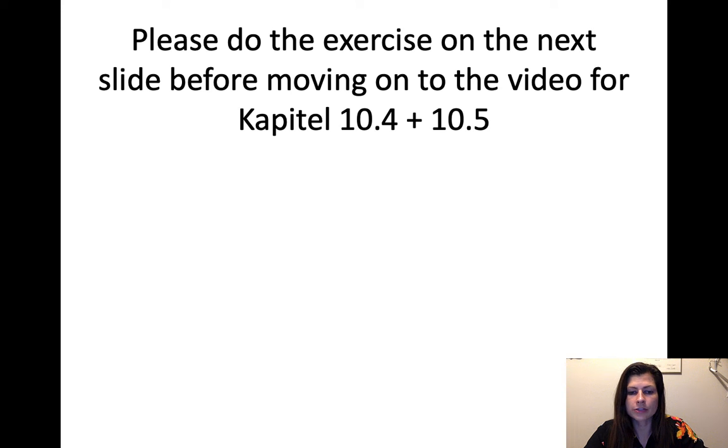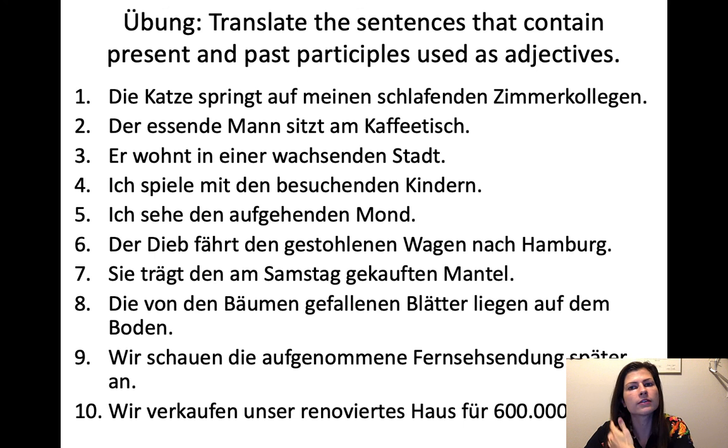So that's just sort of an introduction to what these participles can do, and you need to get comfortable with them in this sort of simple form before they get more complicated later. So we just have some examples of sentences that have participles, some present participles, schlafend, essend, wachsend, besuchend, and then a couple of past participles, gestohlen, gekauft, gefallen, aufgenommen, renoviert.